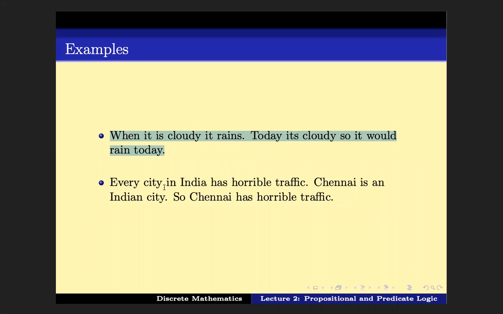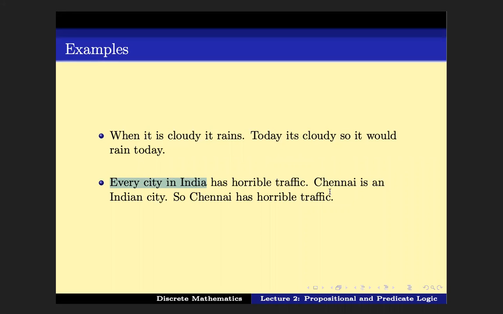Similarly, here: every city in India has horrible traffic. Chennai is an Indian city, so Chennai has horrible traffic. Same thing, there are a lot of statements there, right? The first statement is an implication. Every city in India has horrible traffic. In other words, it's an English way of saying that if I have a city in India, it implies it has horrible traffic.